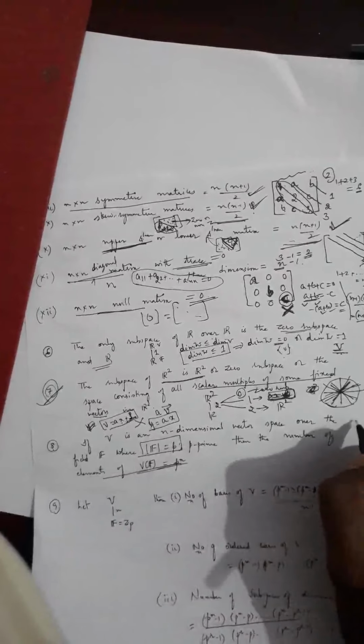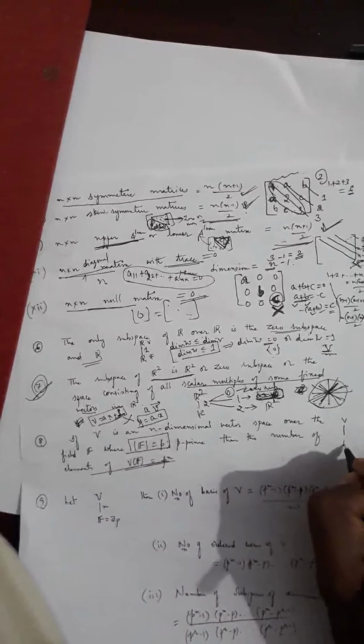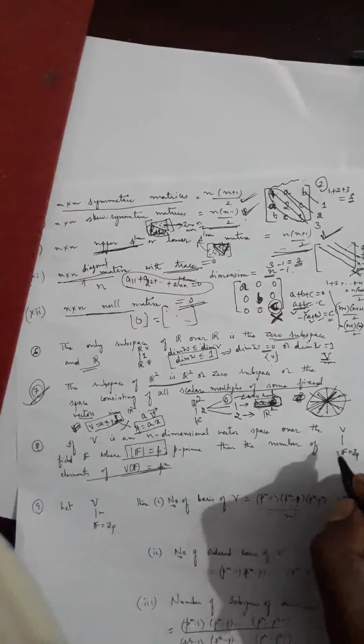See, what else I am stressing here is, V is a vector space over the field F, let me consider Zp itself, and the dimension is n. Then what is the cardinality of V over F? You can find how many elements are there in this.